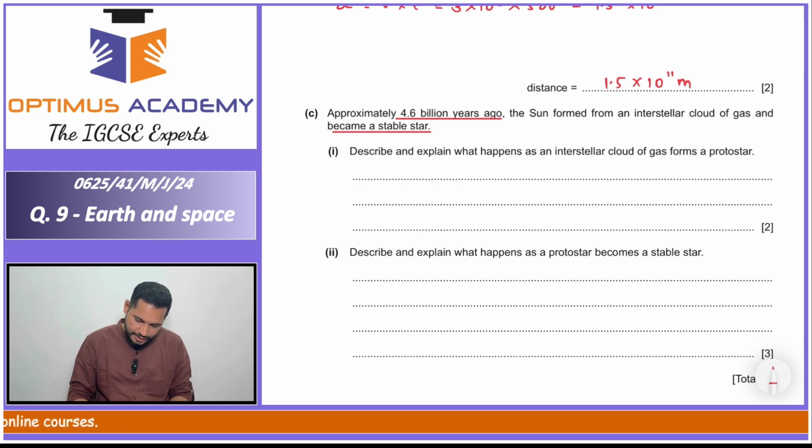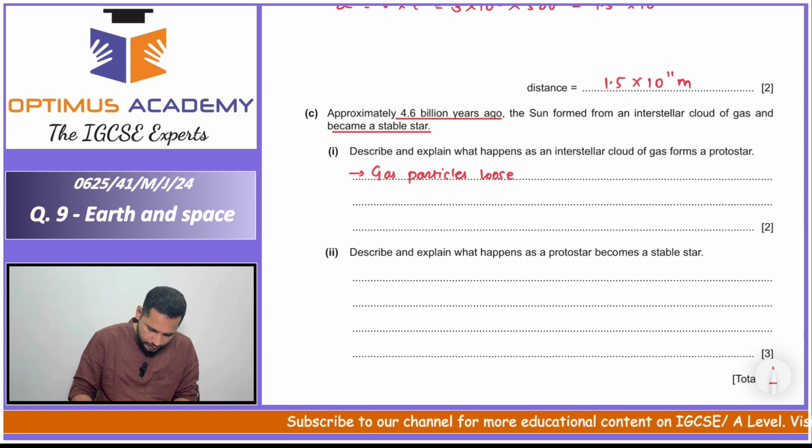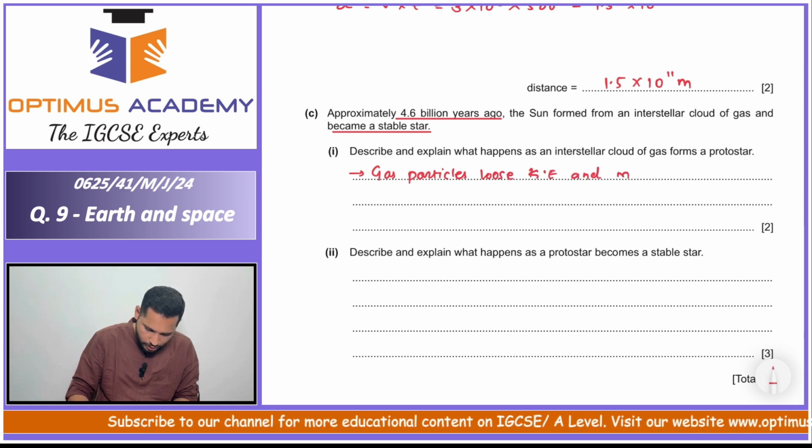So for this question they are asking, describe and explain what happens as an interstellar cloud of gas forms a protostar. So we can write in the answer the first point as: gas particles lose their kinetic energy and they move closer.